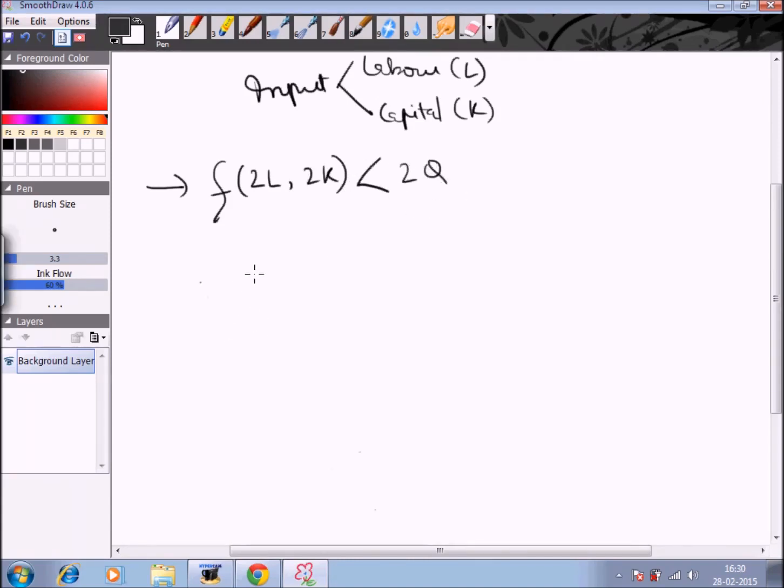We can see this with the help of a graph also. On the x-axis I take labor, and on the y-axis I take capital.